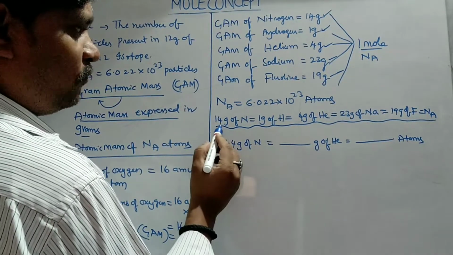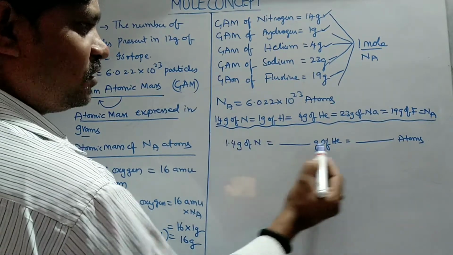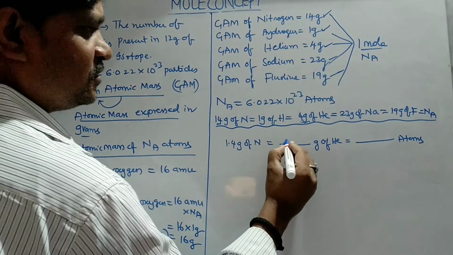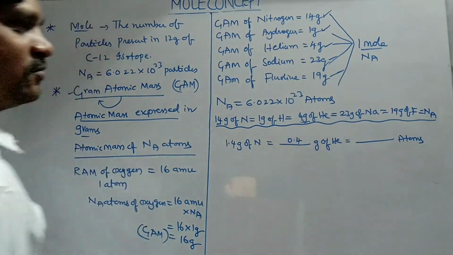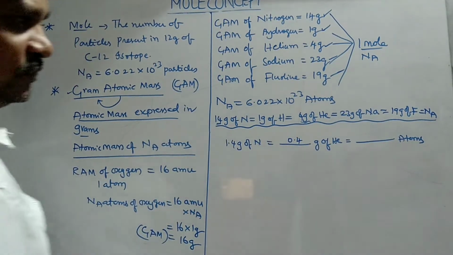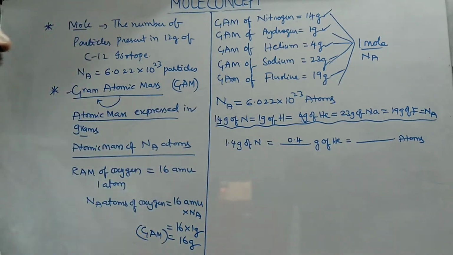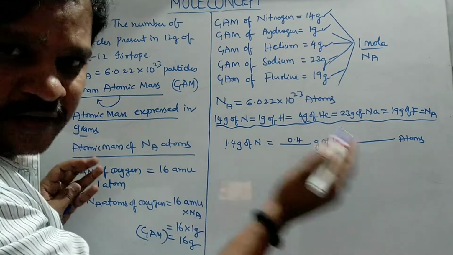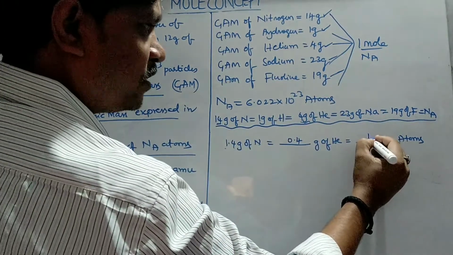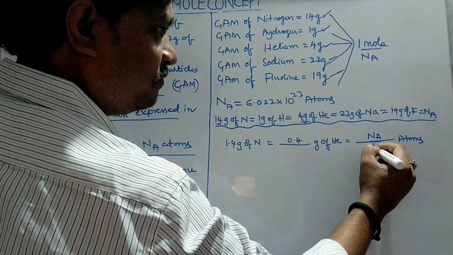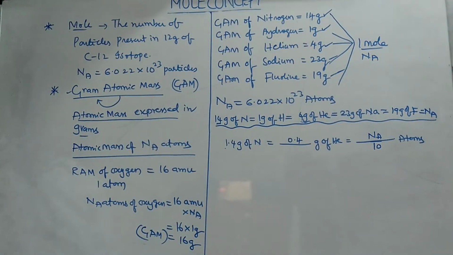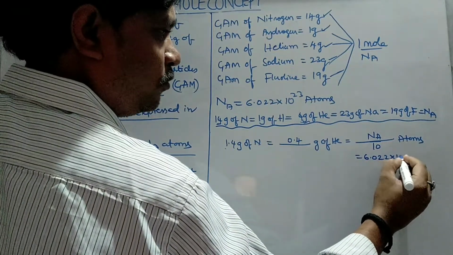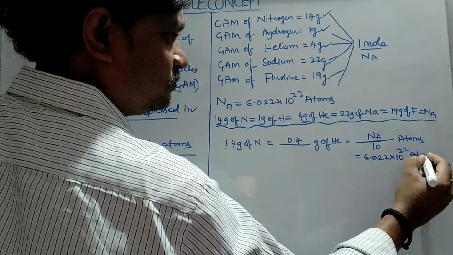You should know that 14 grams of nitrogen corresponds to 4 grams of helium. 1.4 means we can write 0.4 grams of helium. Actually 1.4 is 14 divided by 10. Similarly, the Avogadro number also should be divided by 10. Or we can write this as 6.022 into 10 power 22 atoms.